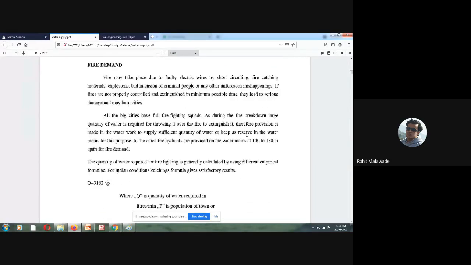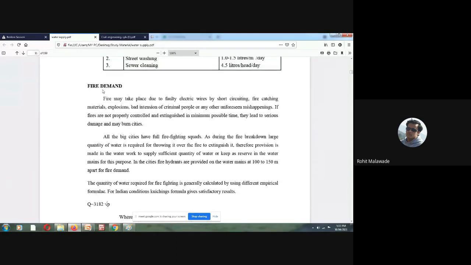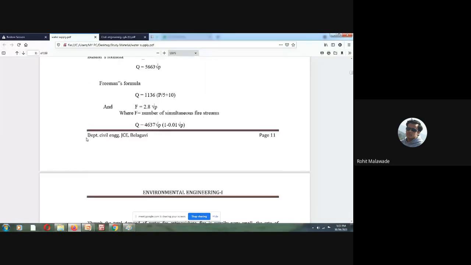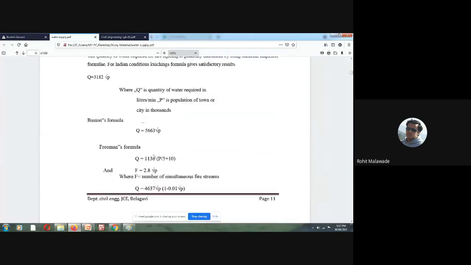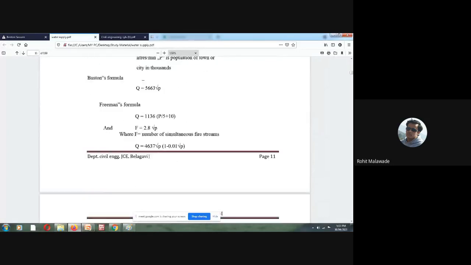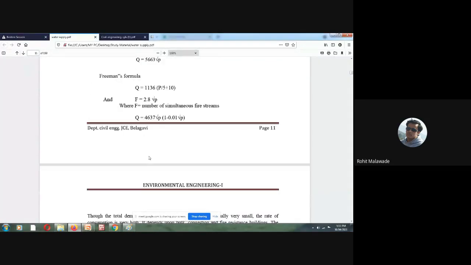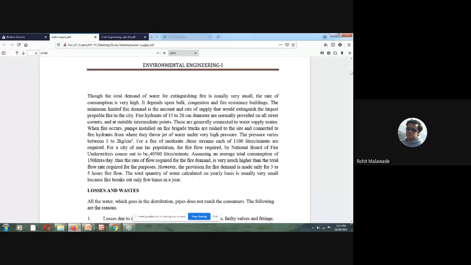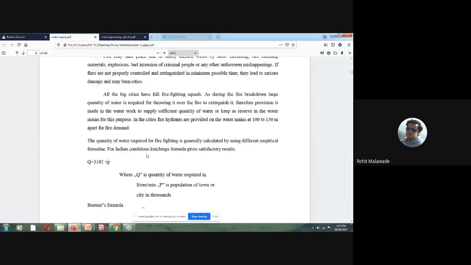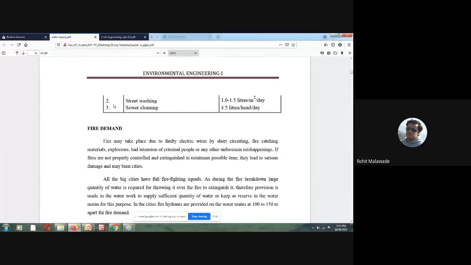Next is the fire demand. Here in this fire demand, we may get some problems in the examination as a question. As I have told, we require some quantity of water in order to fight against an unexpected fire outbreak.